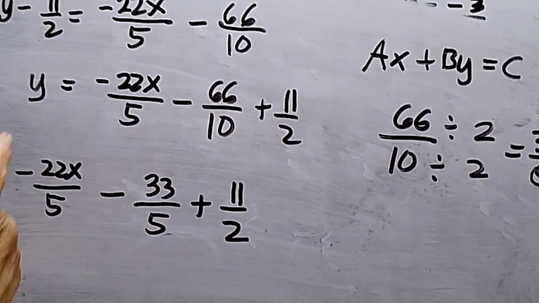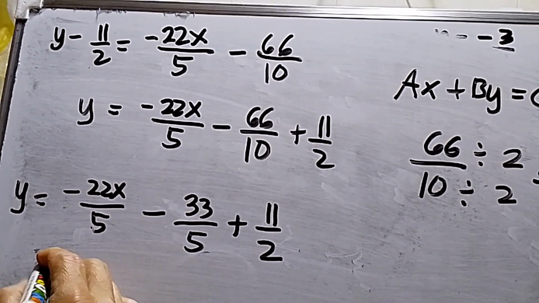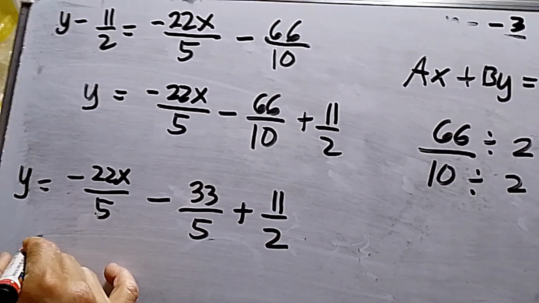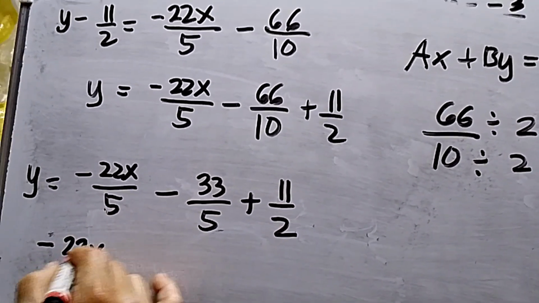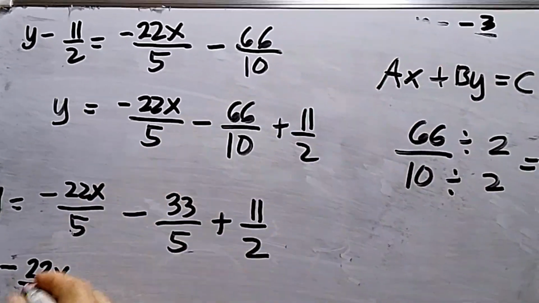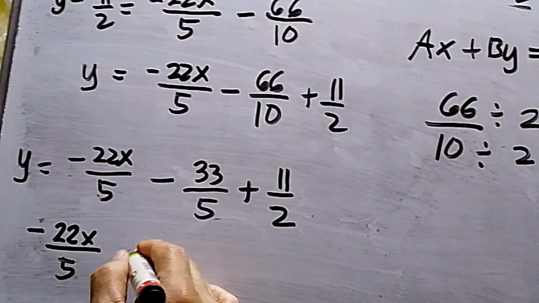So where's my y? Y is in here. So I can write in here negative 22x over 5. To come up with this equation of a line, I need to transpose to the right this y variable. So this will be minus y.